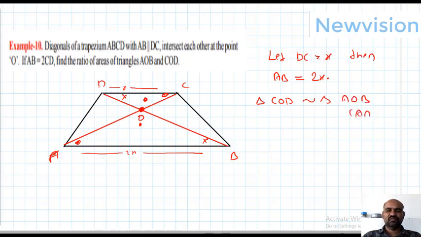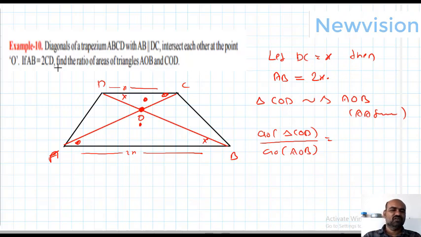From similarity, if two triangles are similar, already proved that the ratio of their areas are in the ratio of squares of corresponding sides. Means area of triangle COD by area of triangle AOB equal to CO square by AO square, OD square by OB square, CD square by AB square.